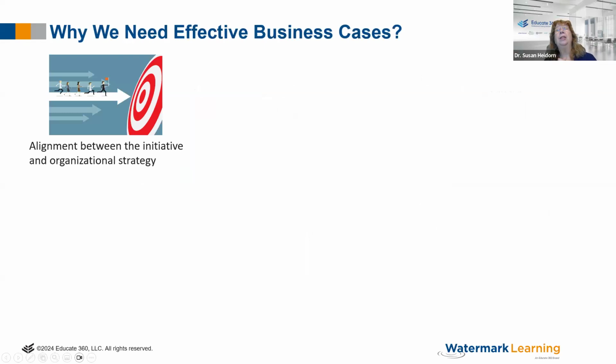Okay. Well, one of the things we need to do in a business case is align the organizational strategy to the initiative. Because if there's a mismatch, if the organization is going left and this project takes them right, they just wasted a whole lot of money. And one of the things we need to do, whether you're a PM or a BA or anything else, is make sure that we're providing value to the organization.